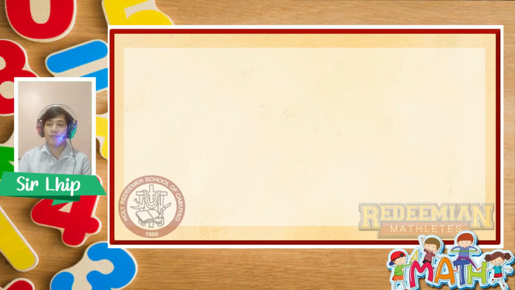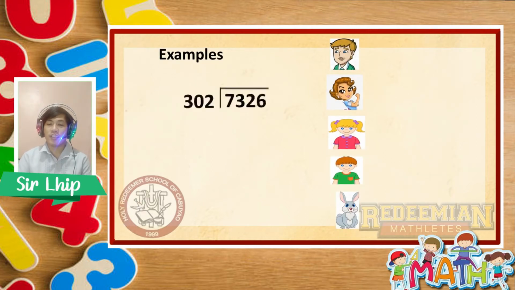Another example, 7,326 divided by 302. So, 732 divided by 302 equals 2. 2 times 2 equals 4. Then, 2 times 0 equals 0. 2 times 3 equals 6.